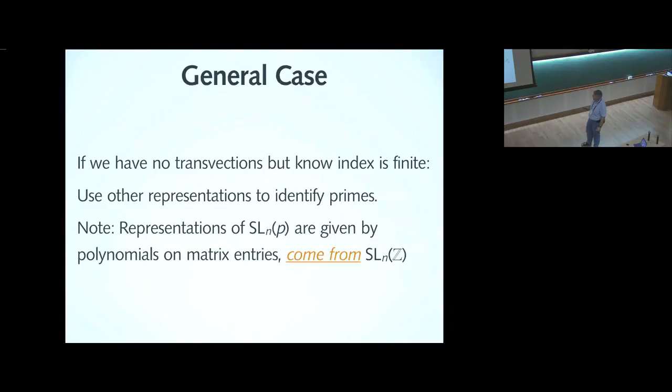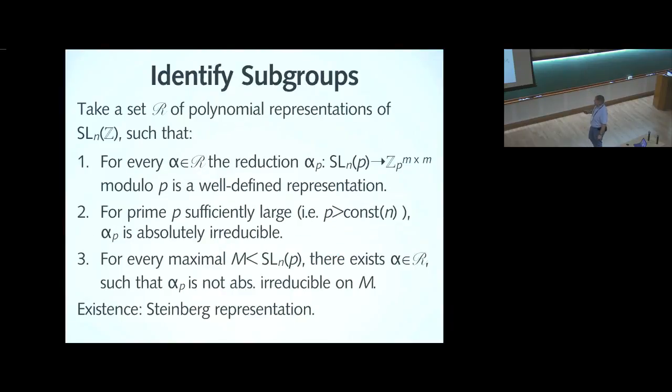So what I want is a set of polynomial representations of SL_n(Z), each a well-defined representation that I can reduce modulo p. I want that for primes at least sufficiently large, they are absolutely irreducible, and if I have a maximal subgroup, at least one of these representations will not be absolutely irreducible when I restrict it to that maximal subgroup.